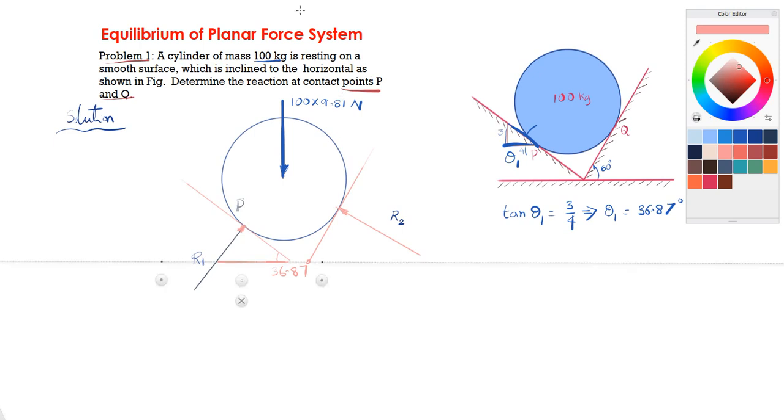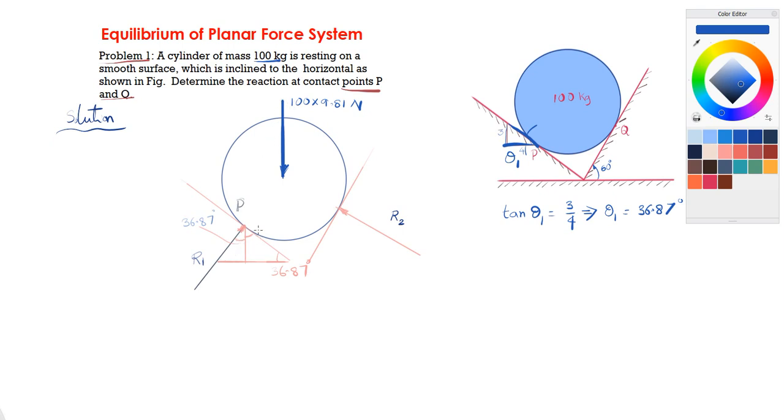Now if we draw a vertical at the point P, obviously this angle is 90 minus 36.87, but as this R1 makes exactly 90 degrees with this inclined surface, that means this angle will be 36.87. Like this we can find out the angle between R1 and this vertical. Why we are trying to find out the angle with the vertical is because the weight is acting vertically downward.